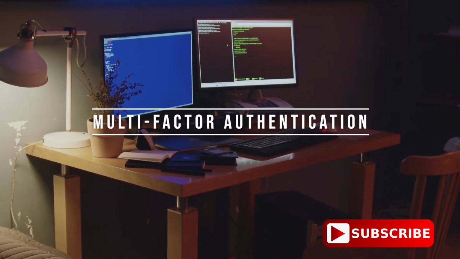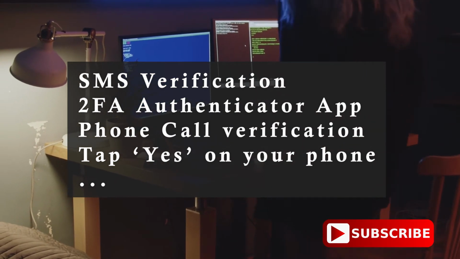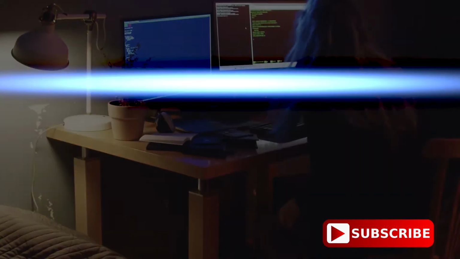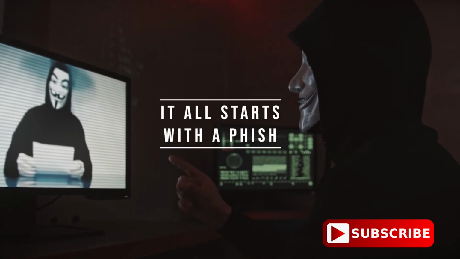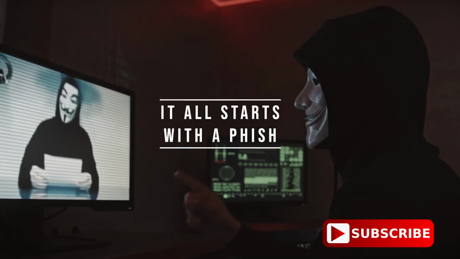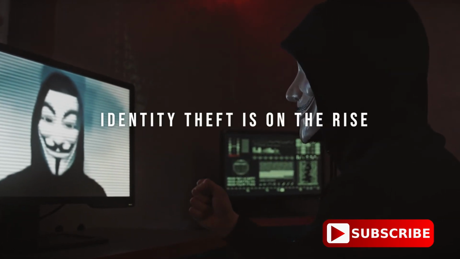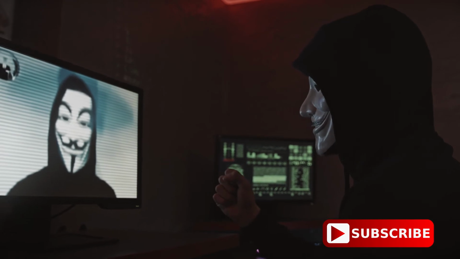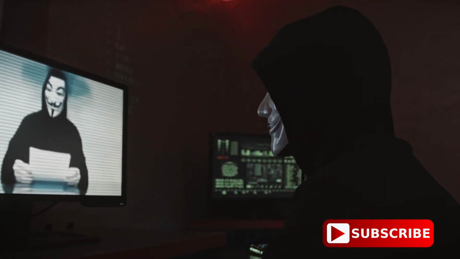Confirm that you have multi-factor authentication, also known as two-step verification, turned on for every account you can. More than 90% of all cyber attacks begin with a phishing email. Providing personal information in an email or through a fake website puts your accounts and even your identity at risk. Hackers could use your account to steal money or place orders, and they could use your personal information to commit identity theft.